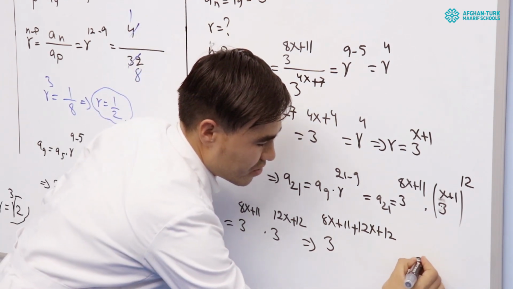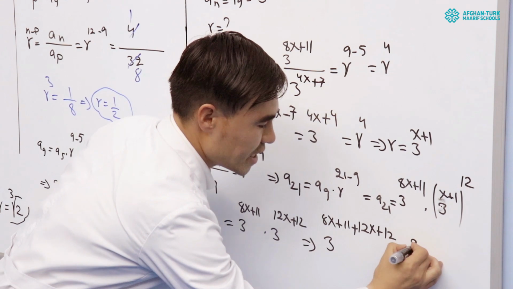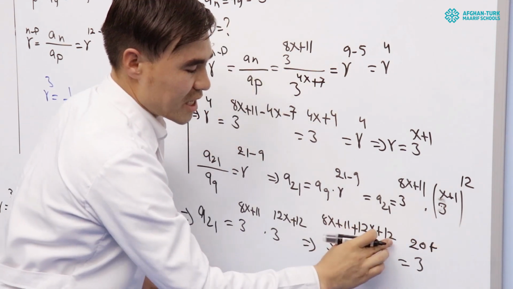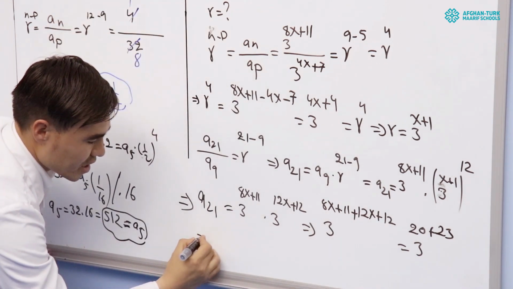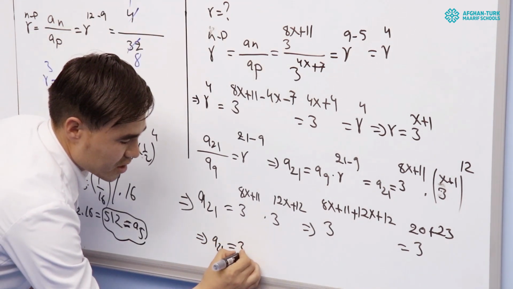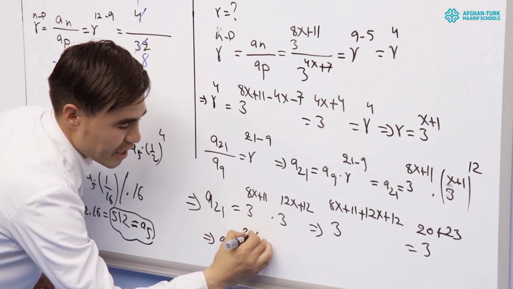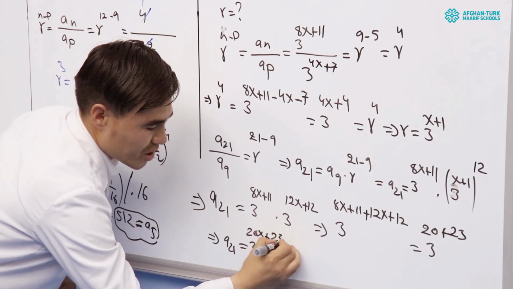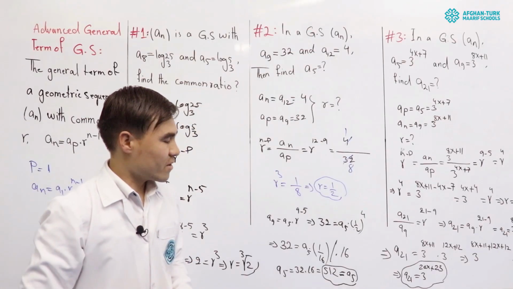Here I can find 8x plus 12x will be 20x, and 11 plus 12 will be 23. This is the required term which the example wants: 3 to the power of 20x plus 23.